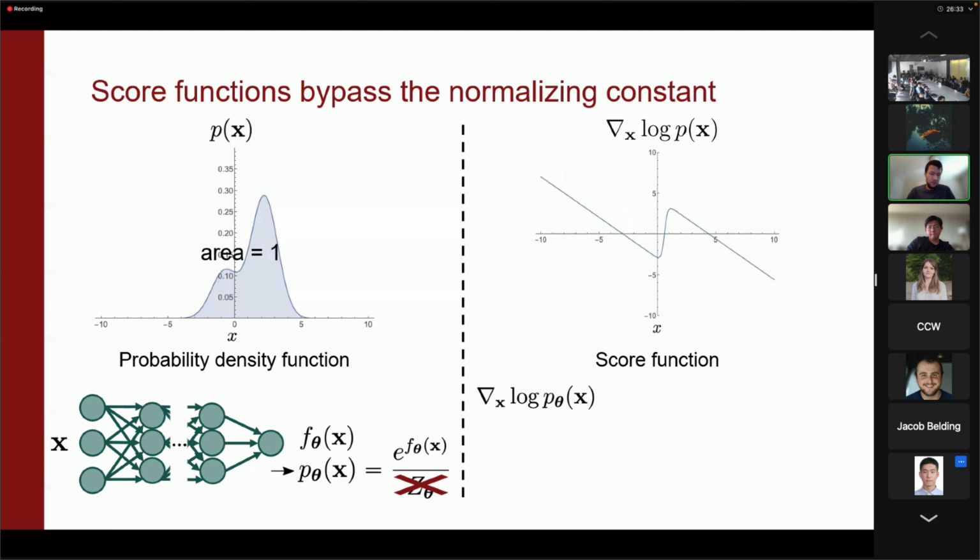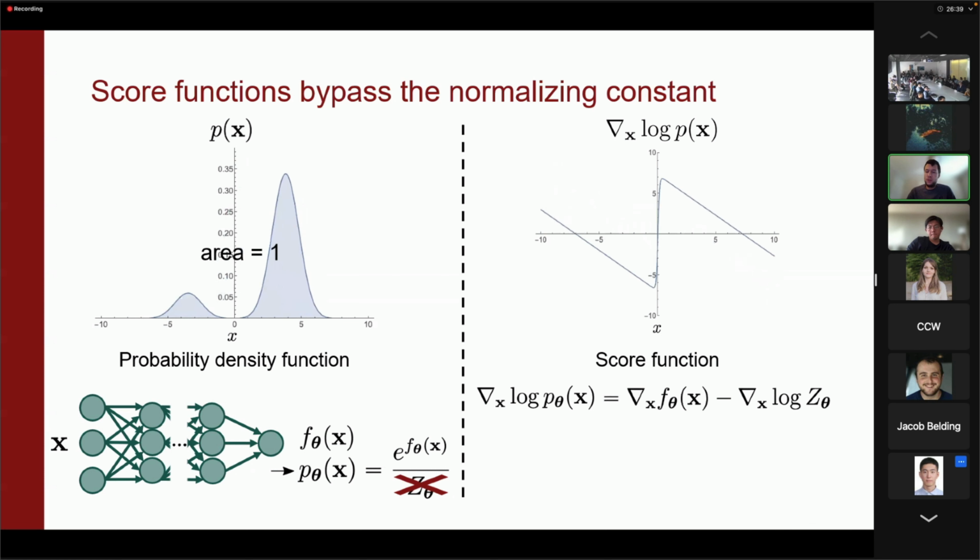In particular, if you look at the math, if you look at the log of the probability density function that we have on the left, you're going to get two terms. You get the neural network f theta, and then you have this log normalizing constant, which is the annoying piece that we don't know how to compute. But crucially, the log partition function does not depend on x. It's a constant.